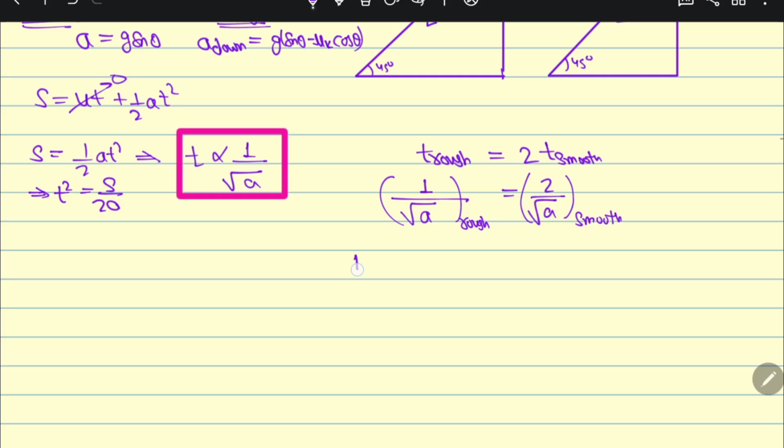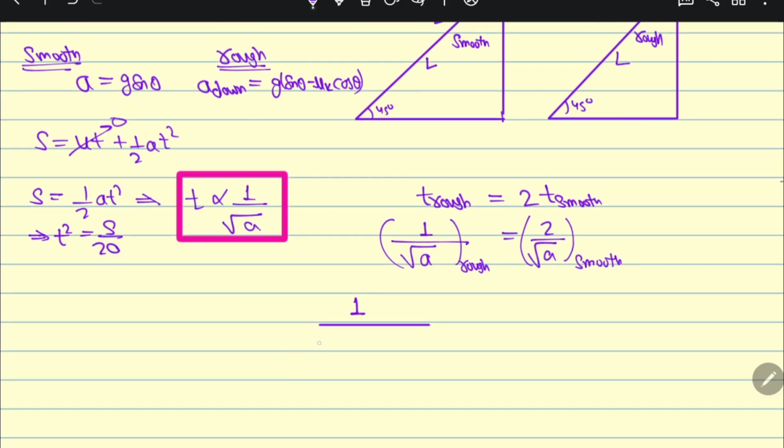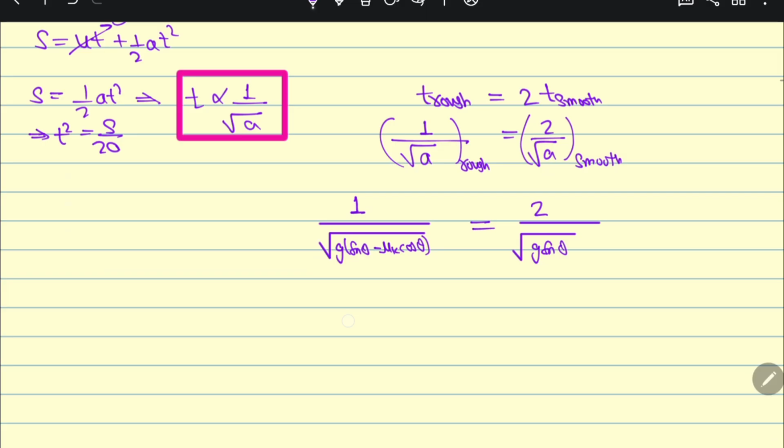So 1 upon rough, that is acceleration, can I write here g sine theta minus mu k cos theta, that is equal to 2 times g sine theta, right? So here g is going to be cancelled.